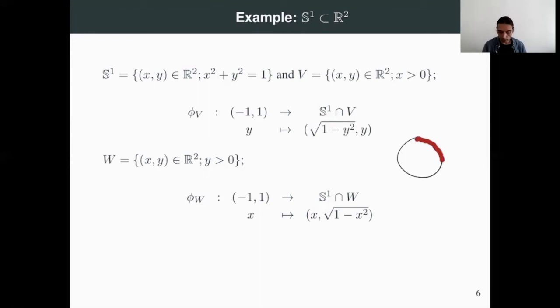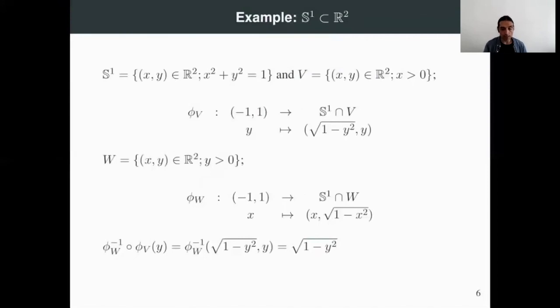And so there is a map of change of parameter corresponding to these points. This map is the composition of the first parametrization with the inverse of the second.